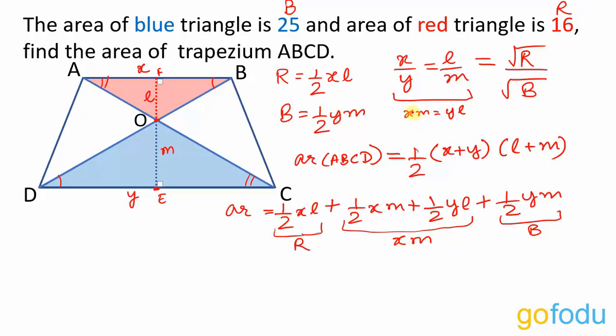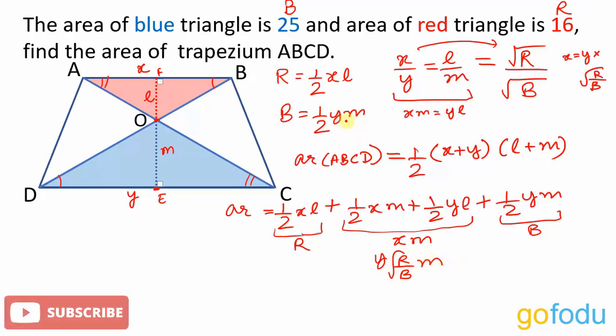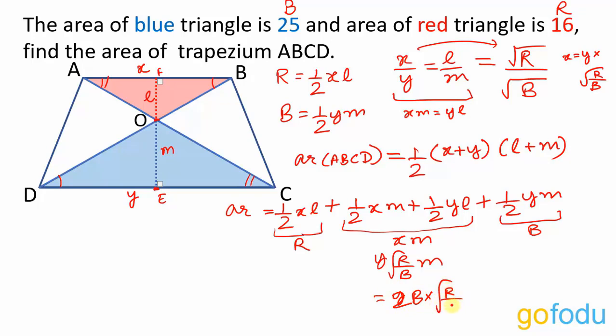In place of X, I am going to write Y into root of R upon root of B. From here I can say X is equal to Y into root of R upon root of B. So XM is Y into root of R upon B into M, and YM from here is nothing but 2 times B. YM is 2 times B into root of R upon root of B. Root B will cancel out B in the numerator, giving us root B in the numerator.